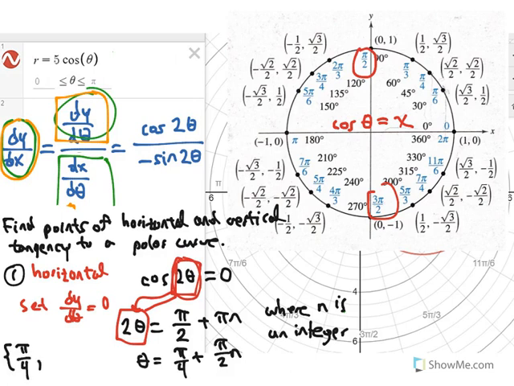If n is 1, you get θ is equal to π/4 plus π/2, which would be 3π/4. If n is equal to 2, you get π/4 plus π, which is going to be 5π/4. If n is equal to 3, and you'll have additional values.